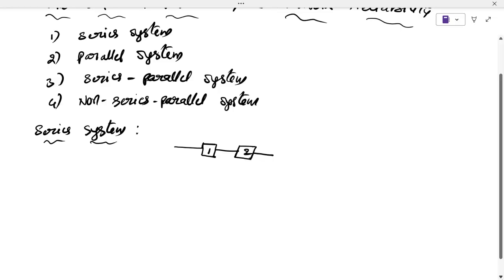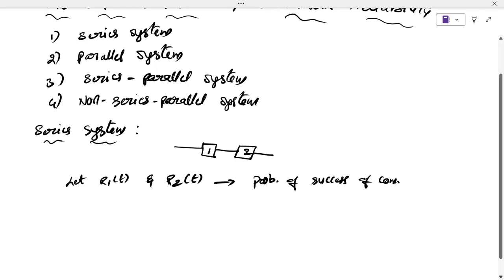Here also, just consider let R1 of t and R2 of t be the probabilities of success of components 1 and 2. We know that, already discussed, this is the reliability function R of t.